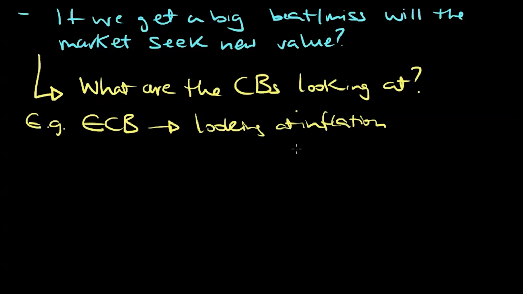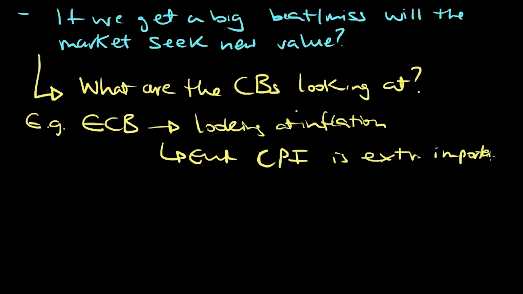They were vigilant, as inflation in the Eurozone was moving lower and inflation expectations were also moving lower. The ECB were basically telling us to look at inflation, so the next European CPI print was extremely important. And it's sometimes just as simple as that.